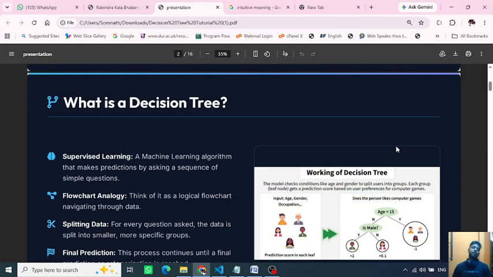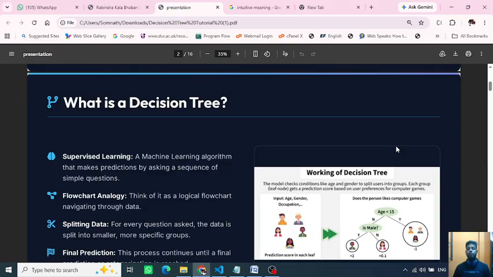So what is decision tree? Decision tree, you can see, is a supervised learning algorithm. It predicts by asking a sequence of simple yes or no type questions, and it continues until it gets a final prediction. You can think of it as a flowchart analogy.